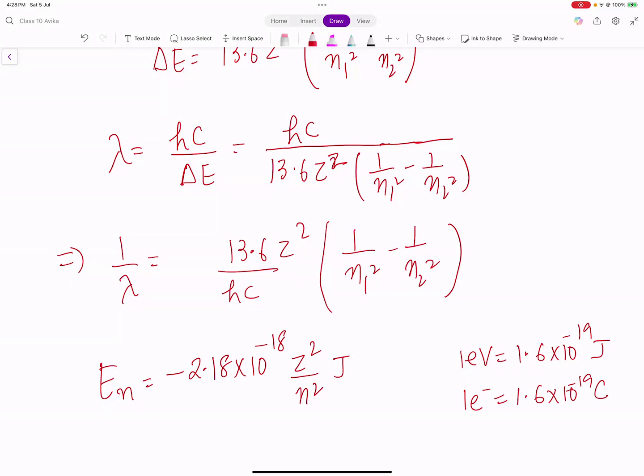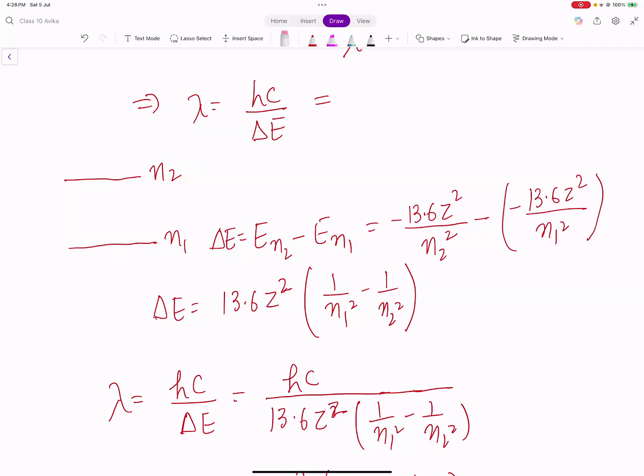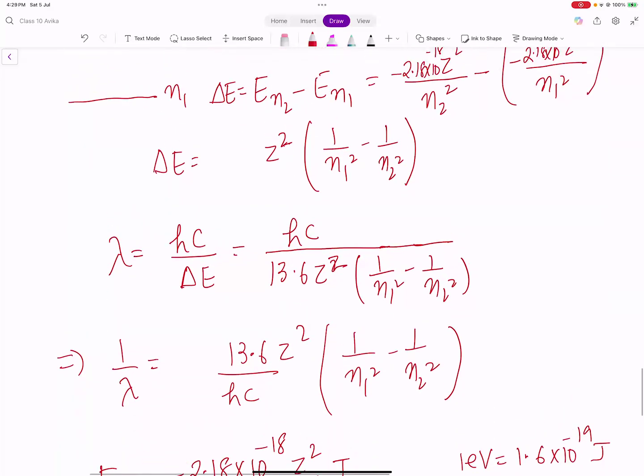So actually this 1 by lambda thing, from here, I'll just write this as some constant, and this also some constant, which is minus 2.18, right? You're getting the point, right? How do we rearrange this now? Minus 2.18 into 10 to power minus 18. Oh, sorry, it will be plus 2.18 into 10 to power minus 18.